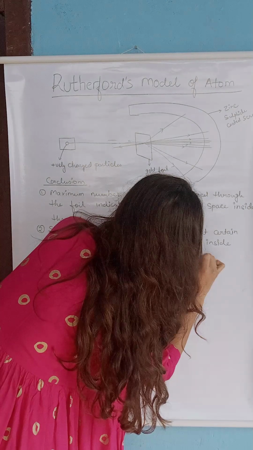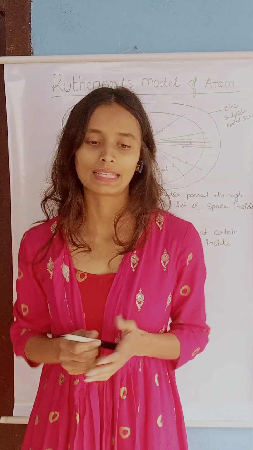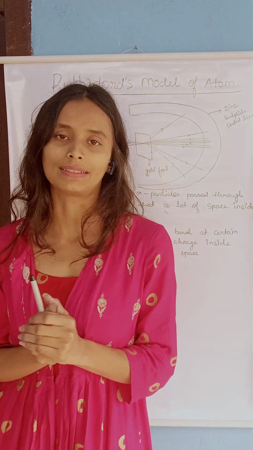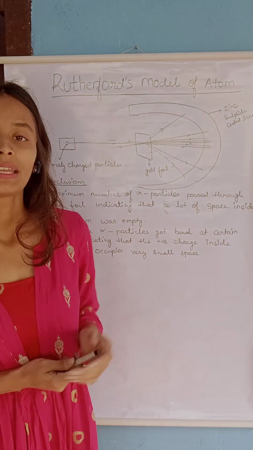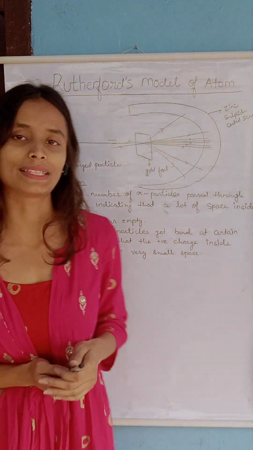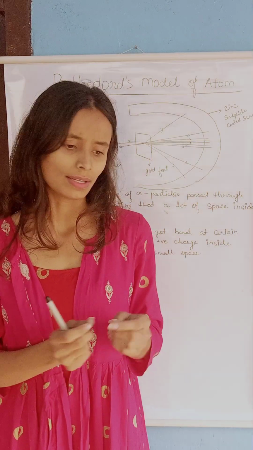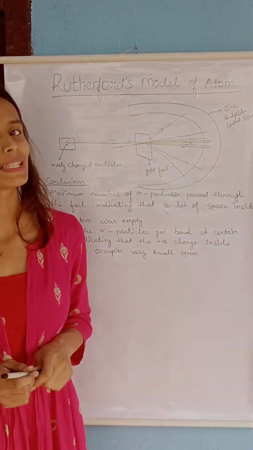As we know, alpha particles are positively charged and like charges repel each other. So he concluded that the positive charge inside the atom occupies a very small space because the number of alpha particles which got bent was very small.